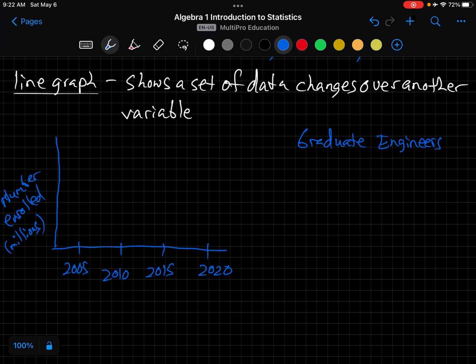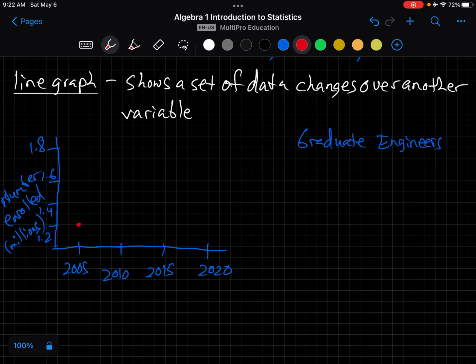And we're going to plot how many millions of students were enrolled. Okay. So in 2005, let's say there were about 1.2 million.